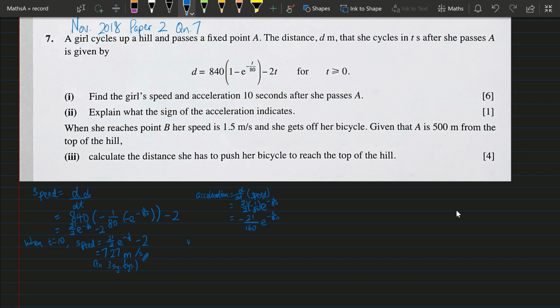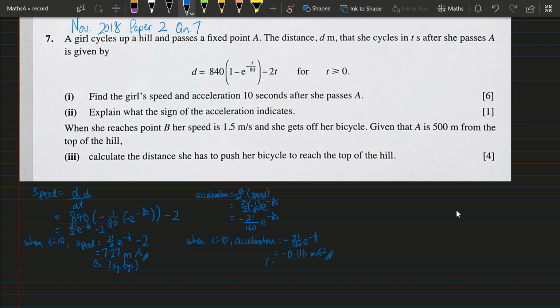Again, do the substitution. When t equals 10, acceleration equals, when you make your substitution, negative 21 over 160 exponential negative 1 over 8, which gives us negative 0.116 meters per second squared.